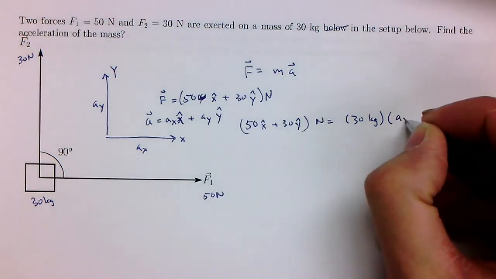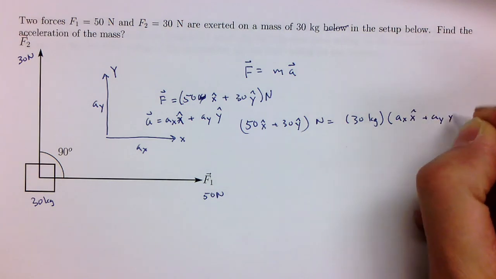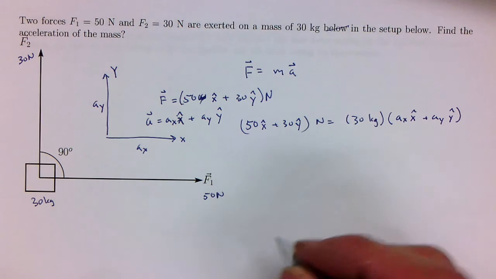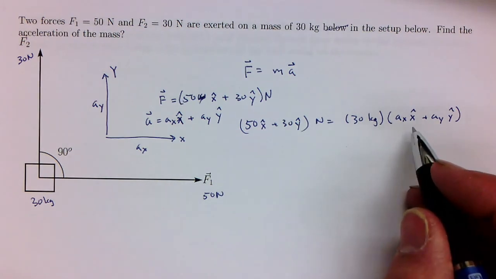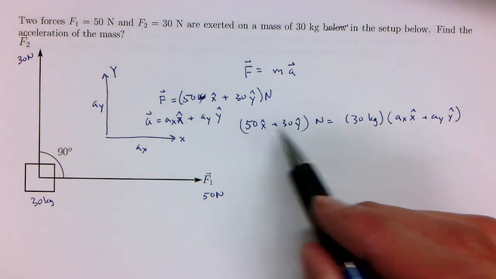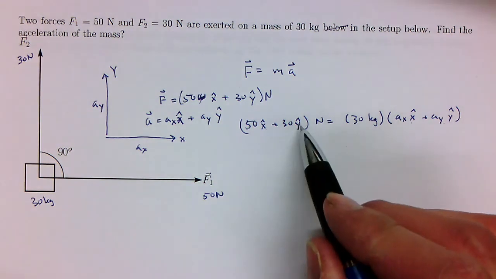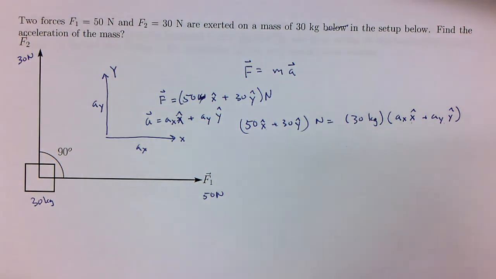The rule is you match the same hats: x hat goes with x hat, y hat goes with y hat. So this equation actually breaks down to two equations, one along the x direction and one along the y direction.